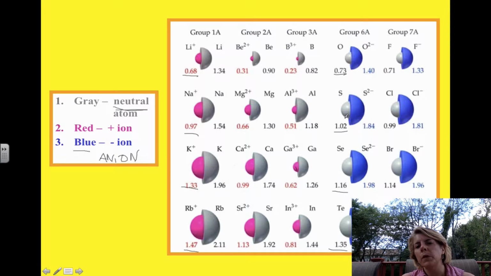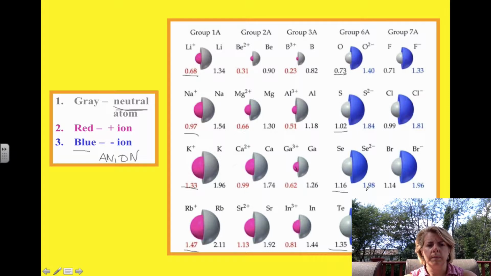And notice you go from 1 to almost 2, a size doubling of the anion, because you're adding that extra layer of electrons. For oxygen you need to add 2 electrons, sulfur 2, selenium 2, tellurium 2, whereas with group 7 you're only adding 1 extra one. So the increase isn't as significant.